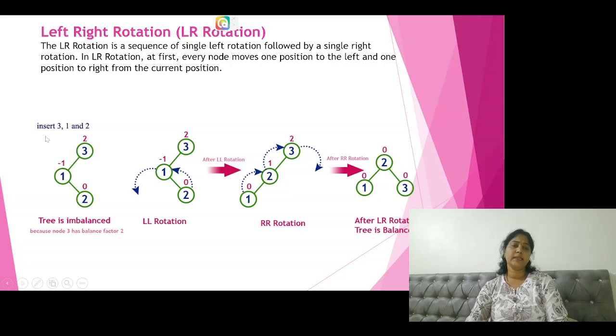LR rotation means a sequence of a single left rotation followed by a single right rotation. So blindly you can remember this will go here, and all the left side will be moved to the right side. Okay, LR, left and right.